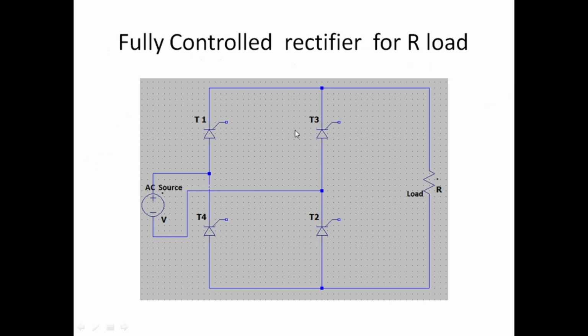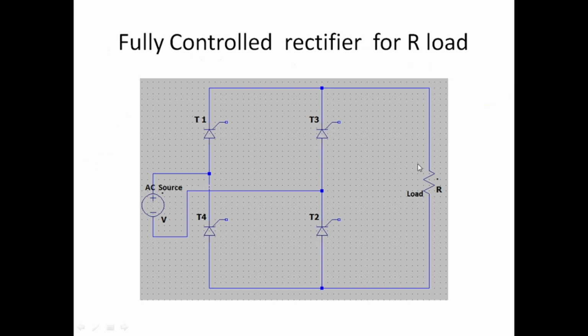Once T3 and T4 start conducting, we are in the negative half cycle. This side is plus, and current flows in this way and comes back. In the previous half cycle the current direction was in this way, and now also the current direction is in this way.